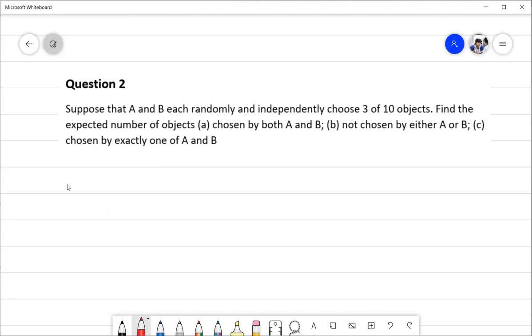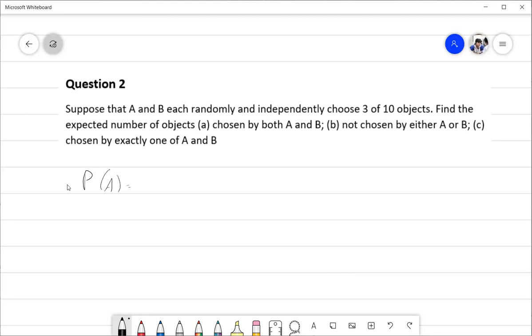So suppose that A and B each randomly and independently choose 3 of 10 objects. Find the expected number of objects chosen by both A and B. What's the probability? They're saying it's the same. Essentially, both have to pick 3 out of 10, so they both have the same probability.